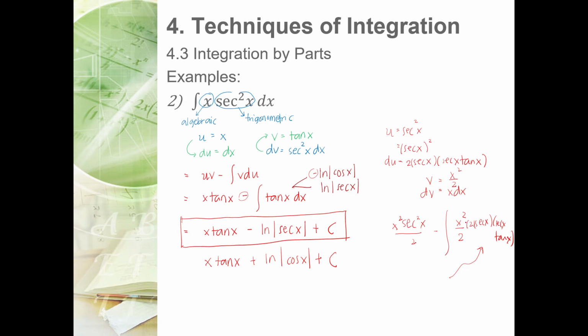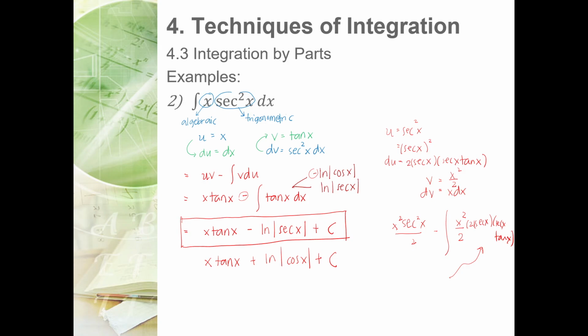Again, since it's still x squared multiplied by another trigonometric function, it is integration by parts again, diba? So the solution is much longer compared to before.